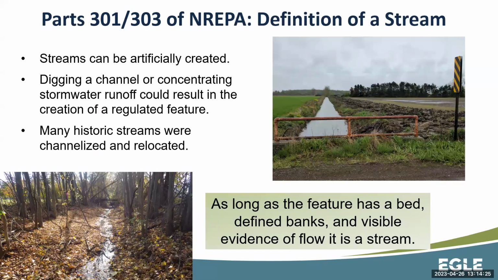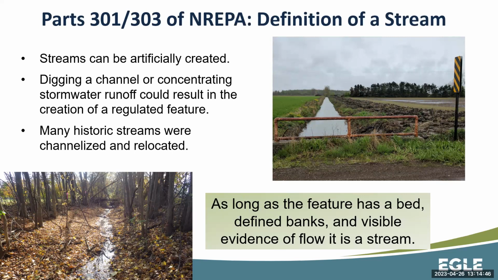Some other things to note is that streams can be artificially created. Digging a channel or concentrating stormwater runoff, over time, could result in the creation of a regulated feature. Another thing to point out is that many historic streams have been channelized and relocated.